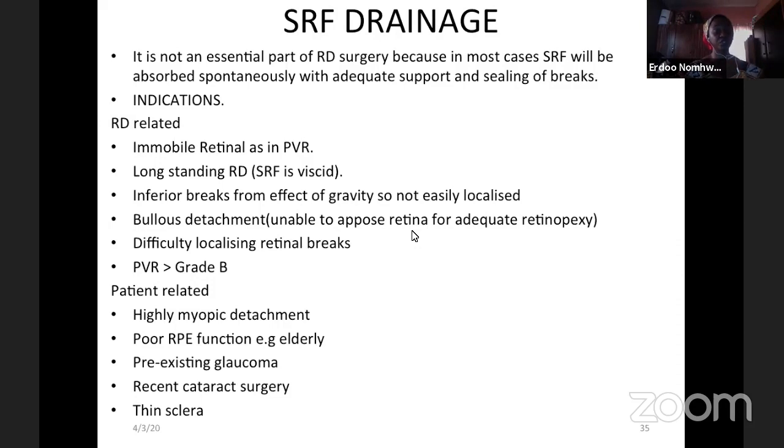If you have a bullous detachment and you're unable to oppose the retina for adequate retinopexy, or difficulty localizing the retinal break, or proliferative vitreoretinal membrane greater than grade B, these are indications. Also, if the patient is a high myope, if there's poor retinal pigment epithelial function, especially in the elderly, if there's pre-existing glaucoma or recent cataract surgery, you can do a subretinal fluid drainage.